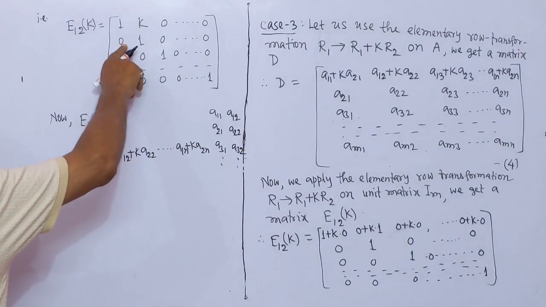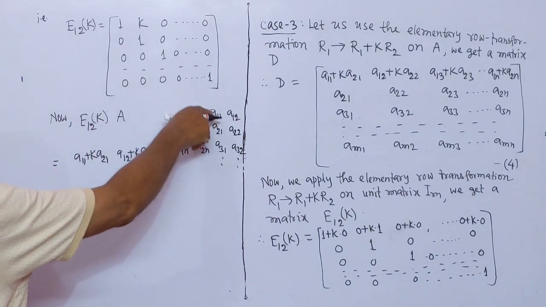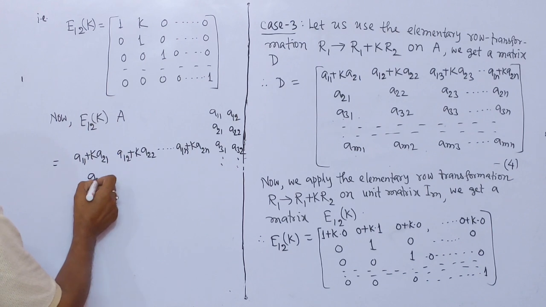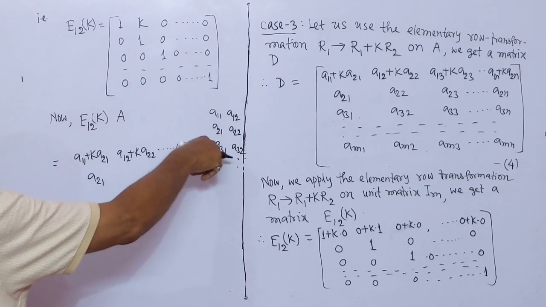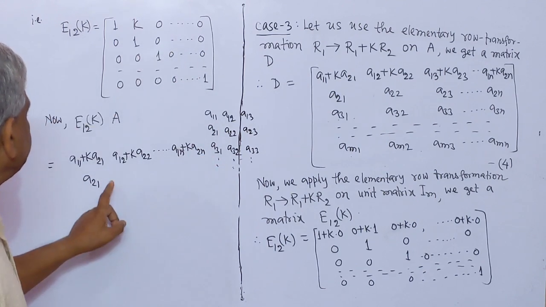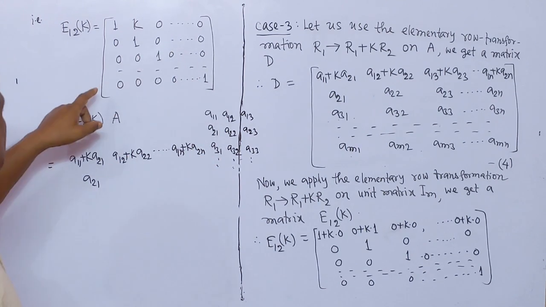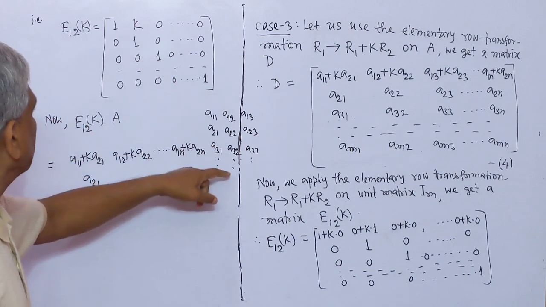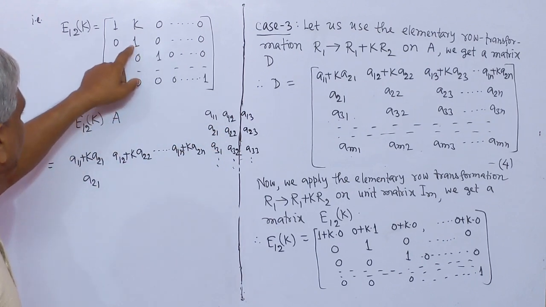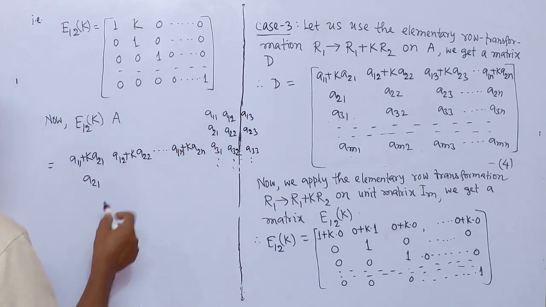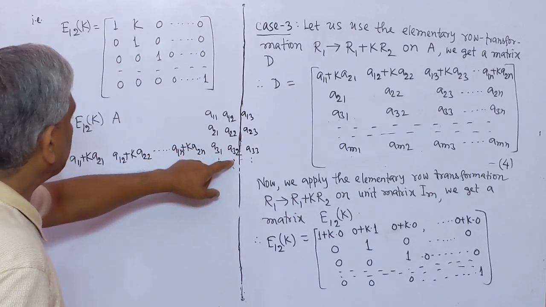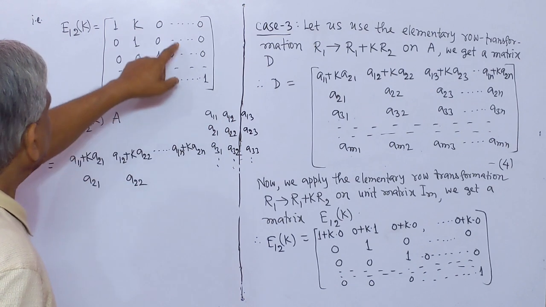Now, second row, first column, 0 multiply A11, that is 0, plus 1 multiply A21, A21 plus 0 multiply A31, 0 plus 0 multiply A41, 0 and others are 0. Now second row, second column, 0 multiply A12, 0 plus 1 multiply A22, A22 plus 0 multiply A32, 0 and others are 0.